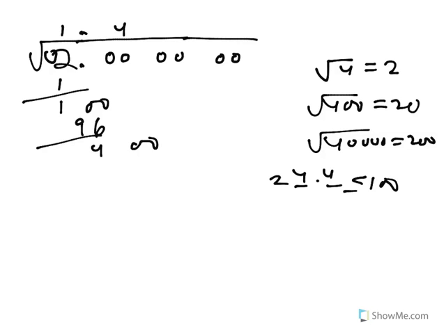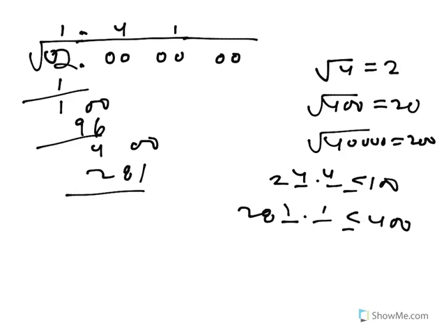Subtract, bring down. Double the 14 to get 28, so 280 something times something has to be close to 400. It ends up being 1. 282 times 2 is too big, so 281. Subtract, get 119, bring down the next two digits, that's those.